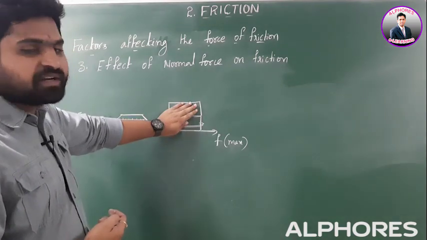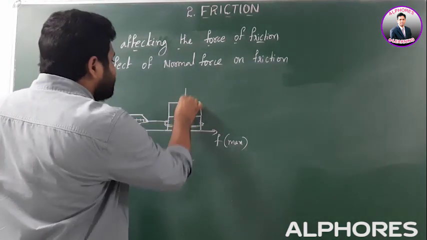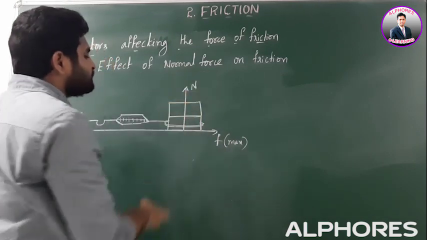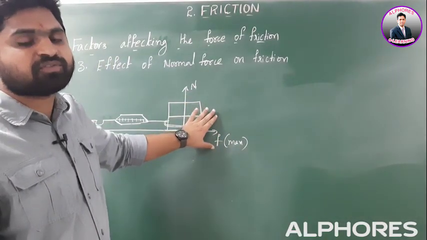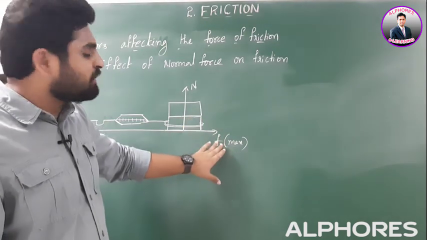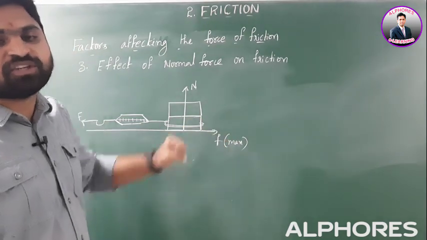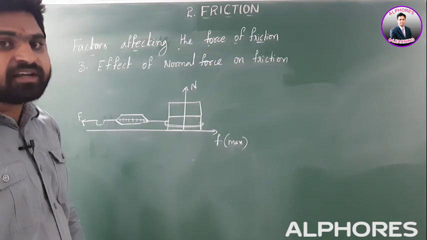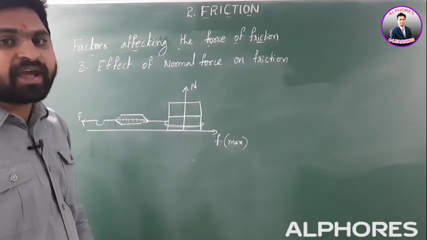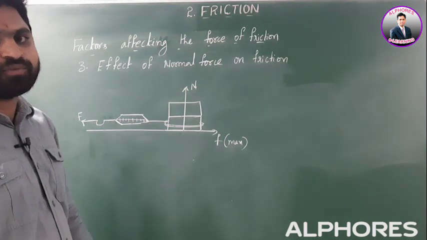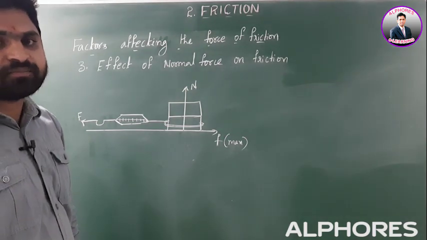If the weights of the bricks are increased, the normal force also increases. It is just because of the increase in the normal force that the maximum limit of the friction force also increases. Earlier, in the case of only one brick, we got a maximum limit of the force of friction.